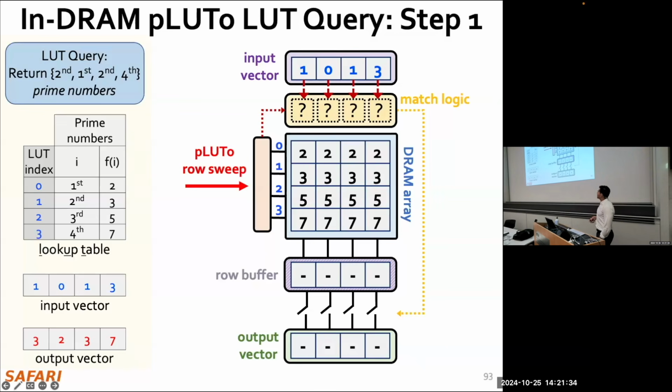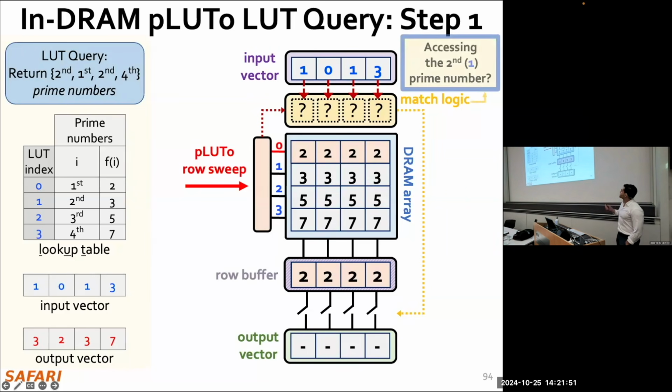Upon receiving this Pluto row sweep operation, we activate the first DRAM row, which operates like any other DRAM row activation: it copies the data in that DRAM row to the row buffer. And now my matching logic is going to start asking some questions.